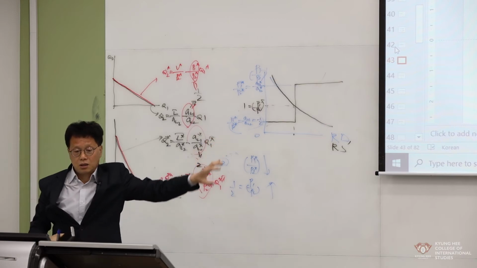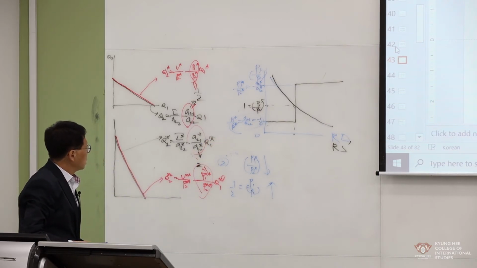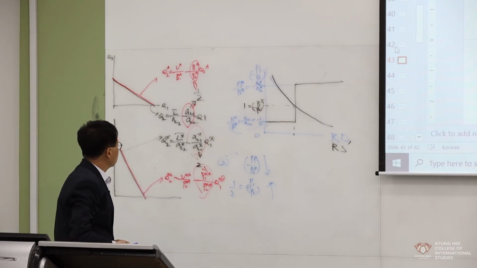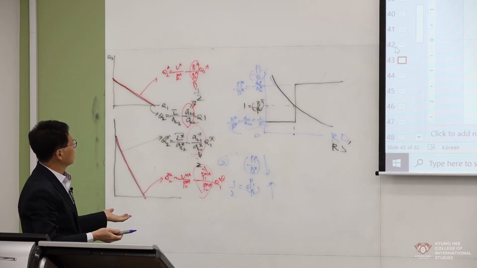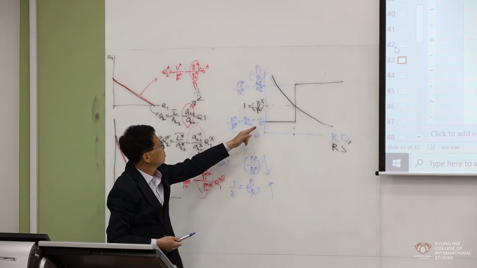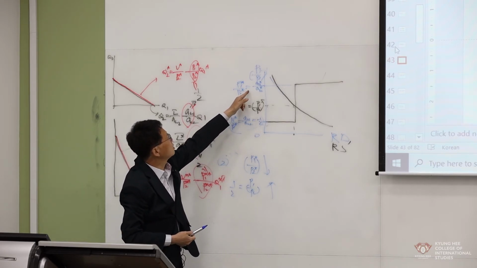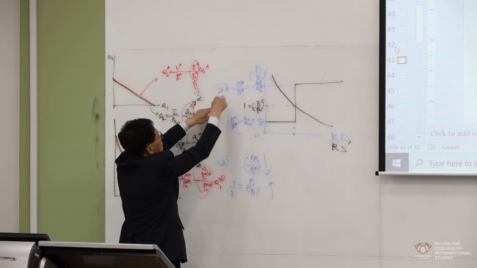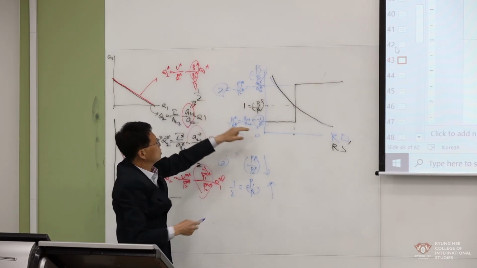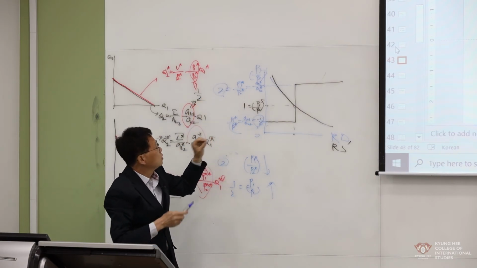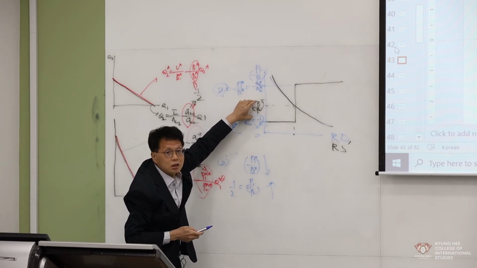Right? Autarky relative price in home was half. Autarky relative price in foreign was 2 in our numerical example. Equilibrium price should be in between.